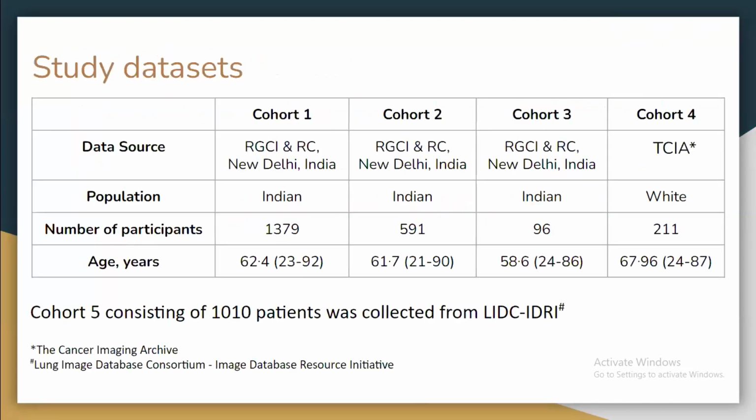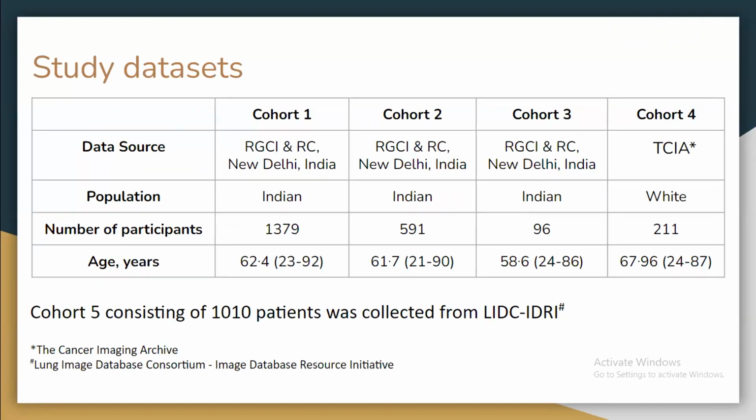So first of all, in order to execute this study, we collected data sets, and we call these data sets five cohorts. Cohort is a collection of patients. The first cohort had 1300 plus patients.